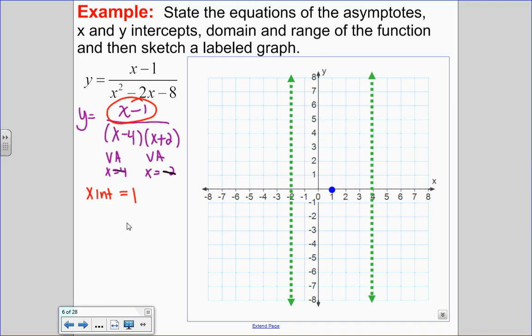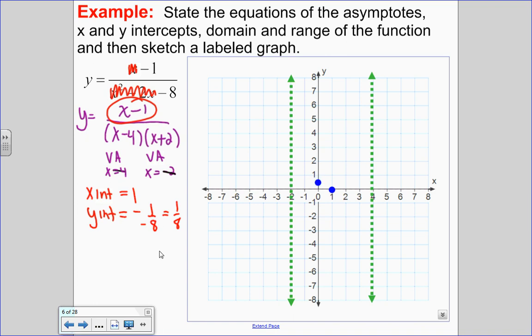Okay, looking at a y-intercept is where I don't have any x values. They set to 0, and it's just the ratio of the constants, which would be negative 1 over negative 8, which is just positive 1 over 8. So just this tiny little y-intercept there.